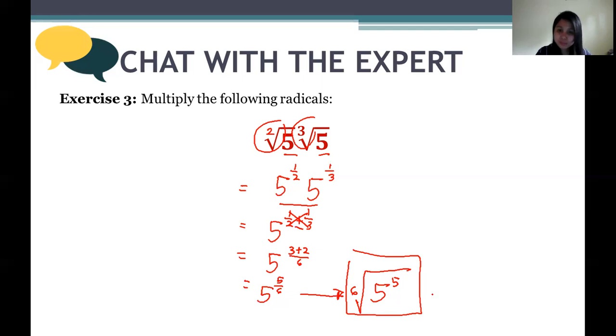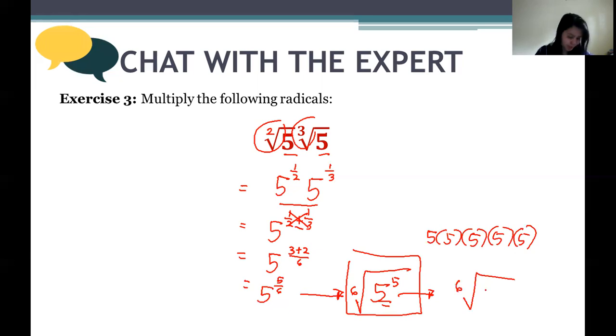Or when we simplify 5 to the 5th power, that's 5 times 5 times 5 times 5 times 5. The answer is the 6th root of 3,125. That's the final answer. Let's go to the next one.